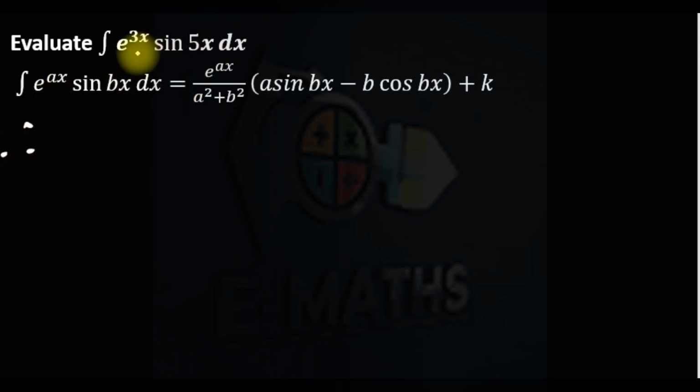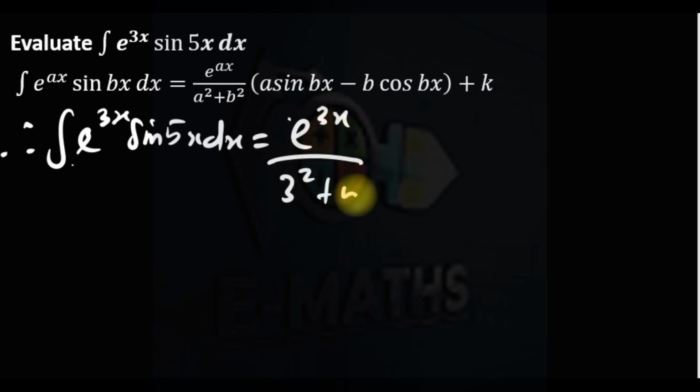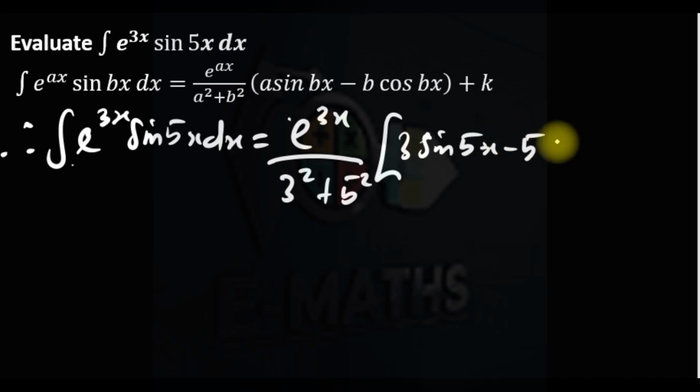Therefore, the integral of e raised to the power 3x sine 5x dx is equal to 3 e raised to the power 3x over 3 squared plus 5 squared, times 3 sine 5x minus 5 cos 5x, plus k.